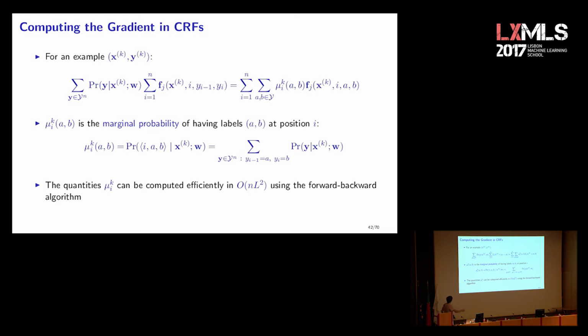And the story is that this expectation that loops over all possible sequences can be rewritten as something that instead of looping over all sequences, it loops over all positions and it loops over all the assignments of output tags in that position, okay?